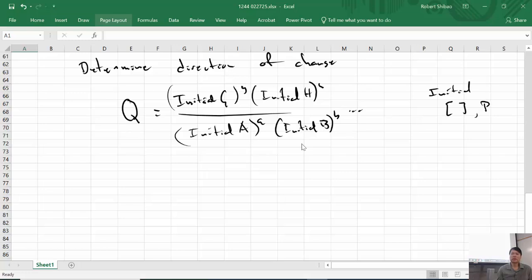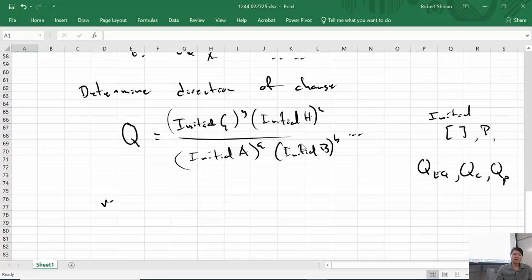Concentration, pressure. So it depends. If it's all aqueous solutions, what we have is something called QC and QP. How is Q related to K?